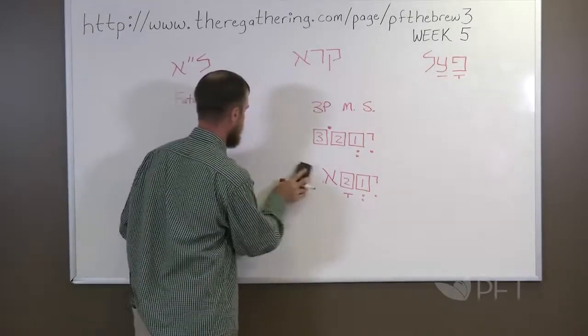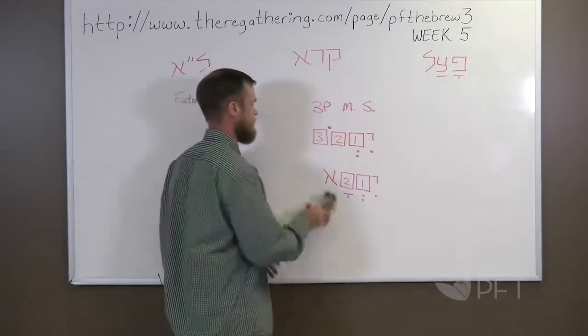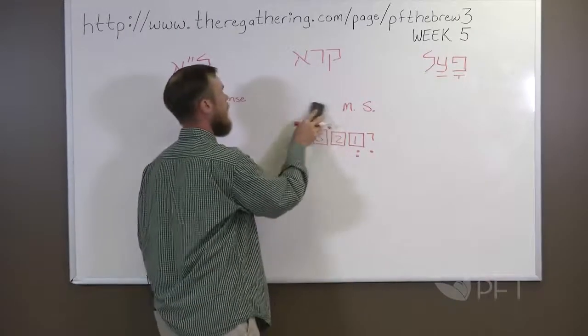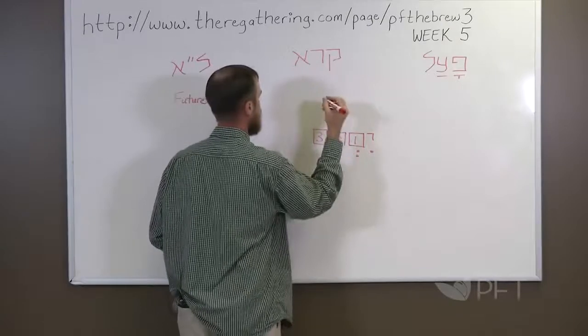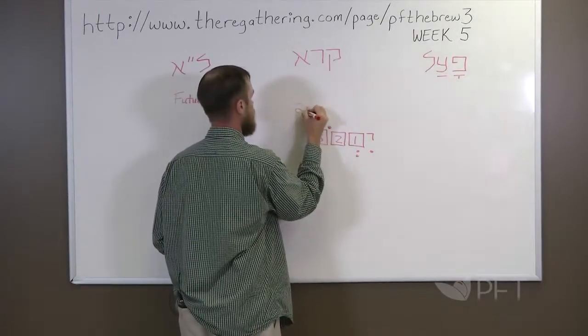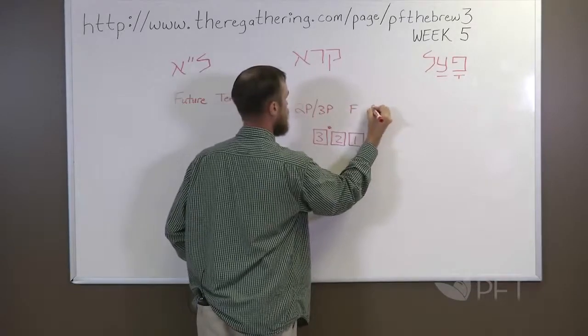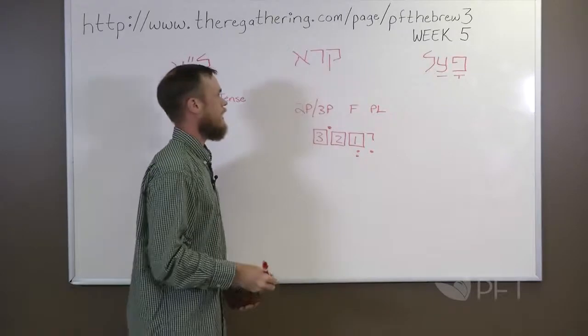Now, as I say, it's difficult to find a chart that uses lamed aleph separately. So there's an asterisk at the bottom of your sheet corresponding to the second person and third person feminine plural conjugations in the lamed aleph future tense.